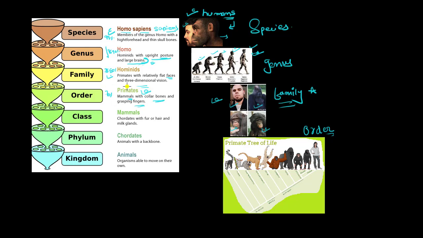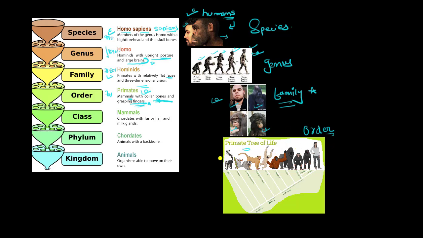So all the animals who have collarbones and grasping fingers. Collarbones, how can I tell you this? Collarbones, the upright posture, and here at the front there are the collarbones. You have seen that nowadays people go to the gym for great collarbones and posture. So if these two are there, then all of these are going to be in the same order. So see, this is a primate tree of life. Can you see?